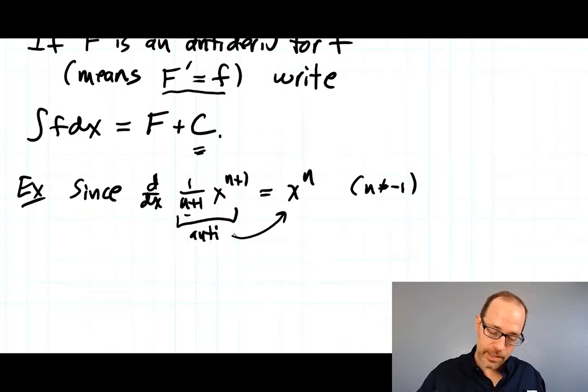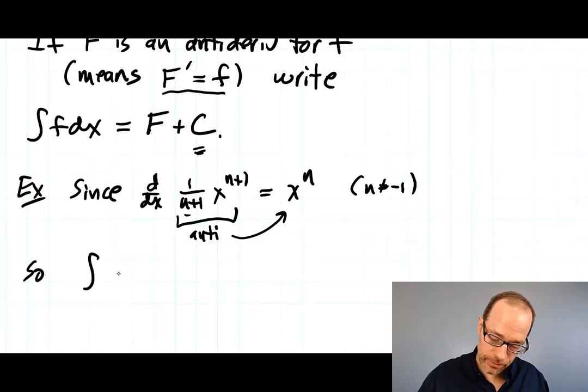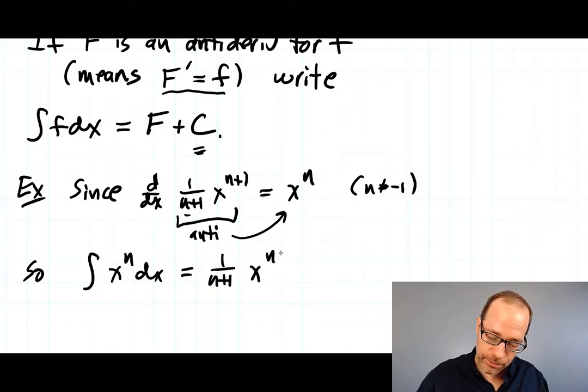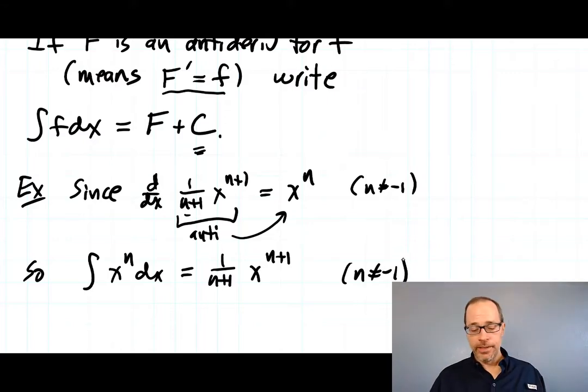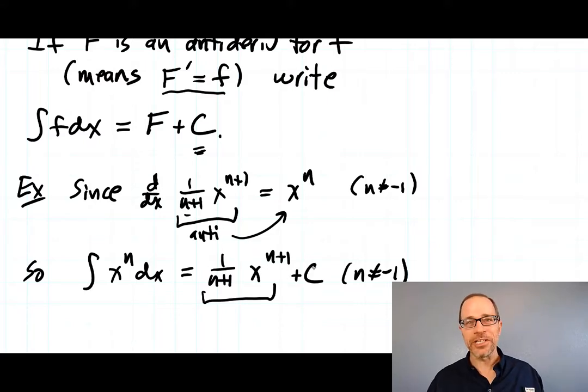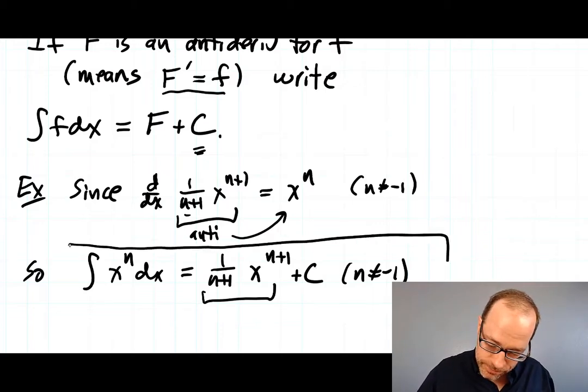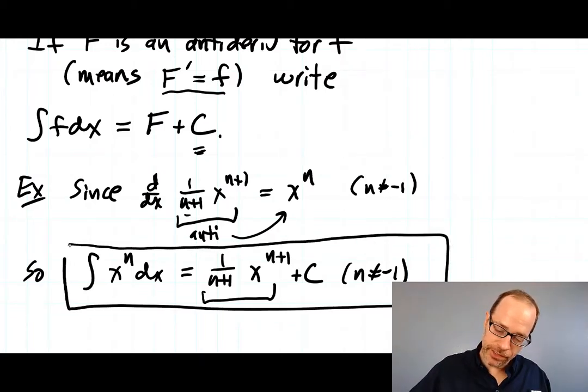Now we write that with this indefinite integral notation: the integral of x to the n dx is 1 over n plus 1 x to the n plus 1. Again, n is not minus 1 here. It just says that the derivative of this is x to the n. And then try not to forget the plus C. All right, so that's one example of antiderivatives.